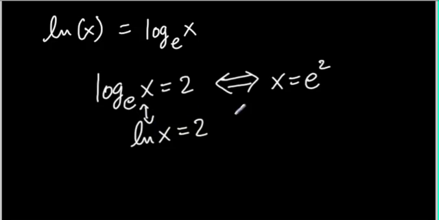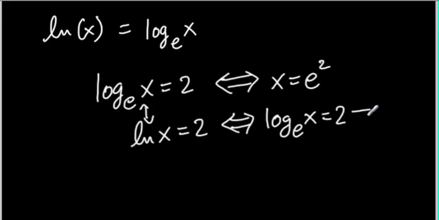I would first relate it to log base e of x is equal to 2, and then just like the previous example, we know that x is equal to e squared. Okay, I hope that helps.